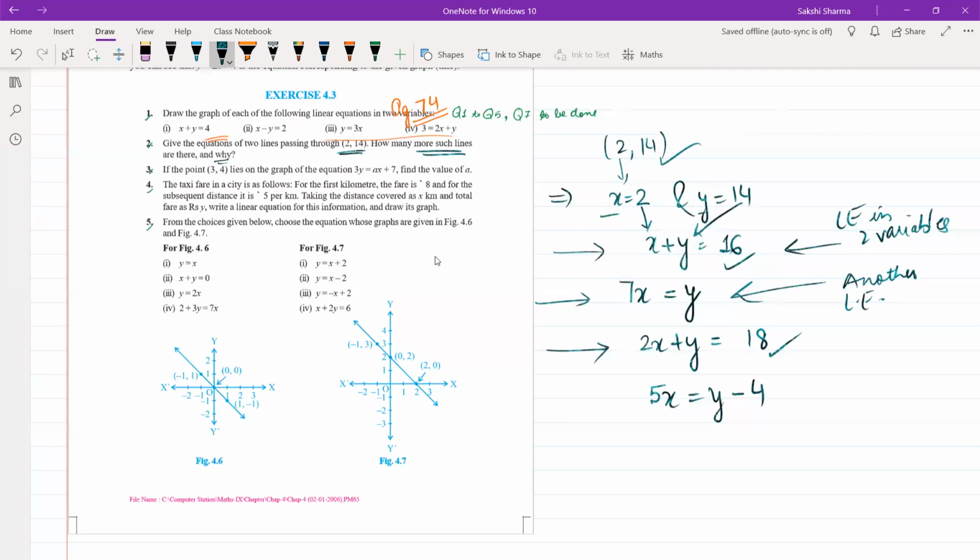So you have to give equations of two lines passing through this point. You can write any two equations from here. You don't have to show your work. You can simply write down the equation, and then further you can answer how many more such lines are possible and why.